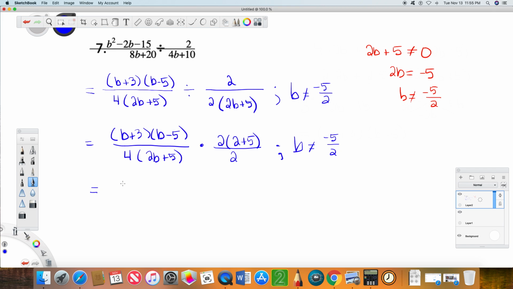So now we've got two fractions. Let's write it as a single fraction by multiplying the numerators together and multiplying the denominators together. Since I can multiply in any order, I like putting my single factor of 2 at the beginning. And then I've got b plus 3 and b minus 5 and 2b plus 5.